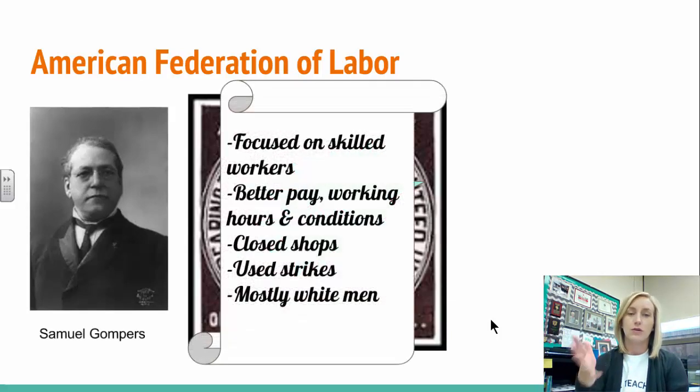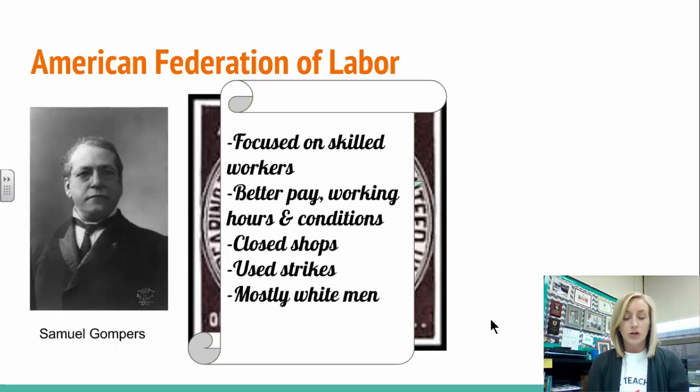They could advocate for better pay because those skilled workers required training, but that also limited their membership to white men, because white men were the ones who had access to that training in order to be skilled workers. So again, advocating for better pay, better working hours, and safer working conditions.